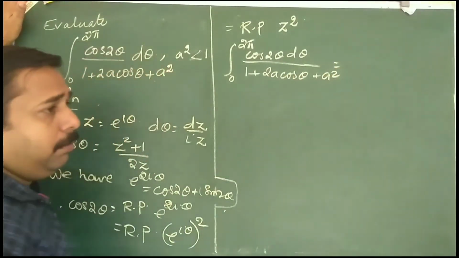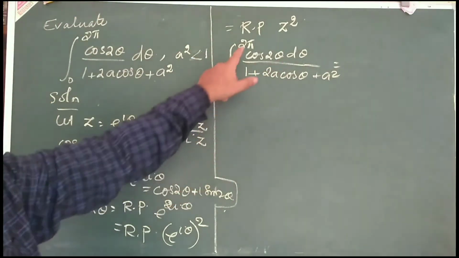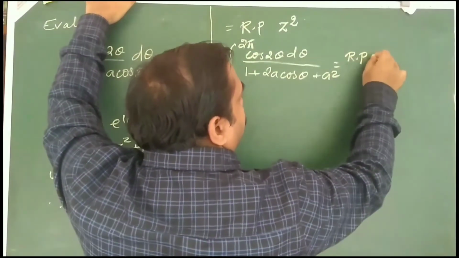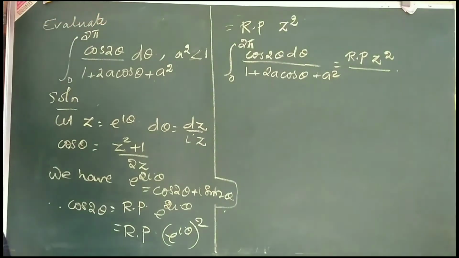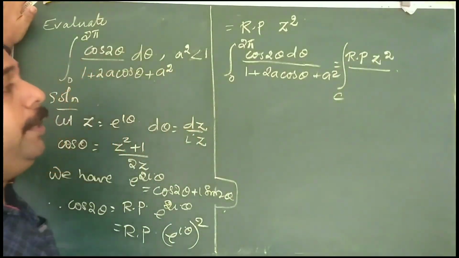This is our question. What is cos 2 theta? It is equal to the real part of z square. So the integral is over the contour C only.